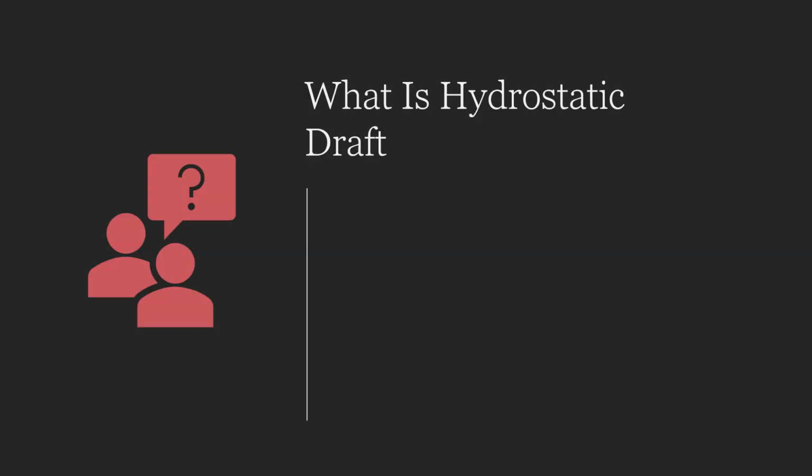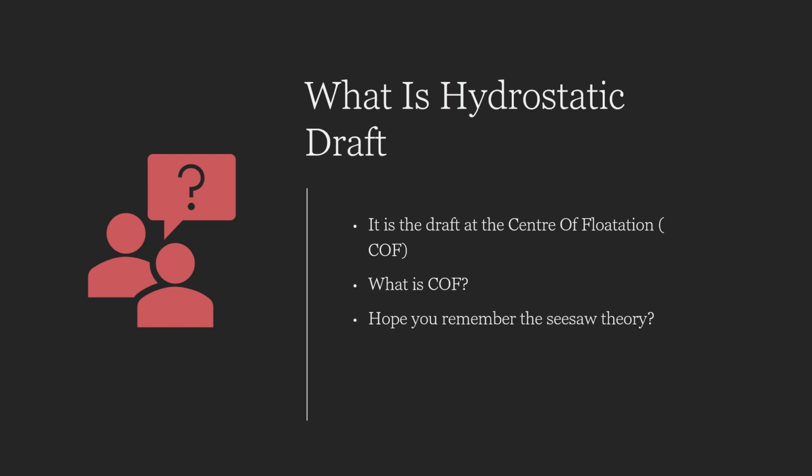Now, what is hydrostatic draft? I think I explained this before also, but just as a recap, the hydrostatic draft is your draft at the center of flotation, COF. What is COF? I hope all of you remember the seesaw theory.